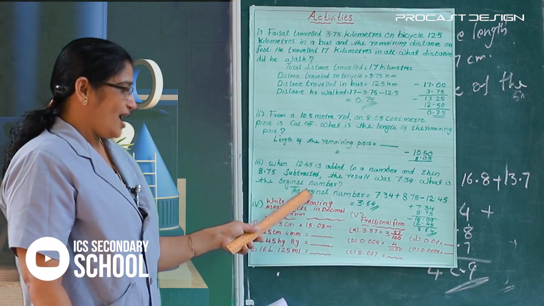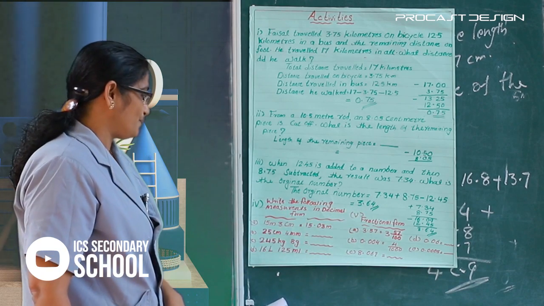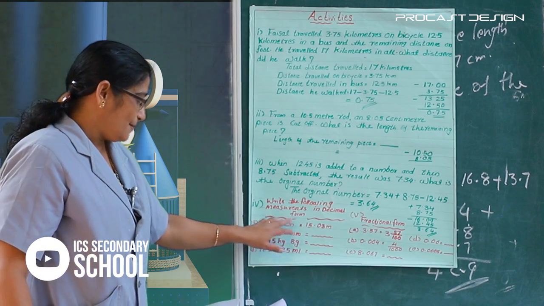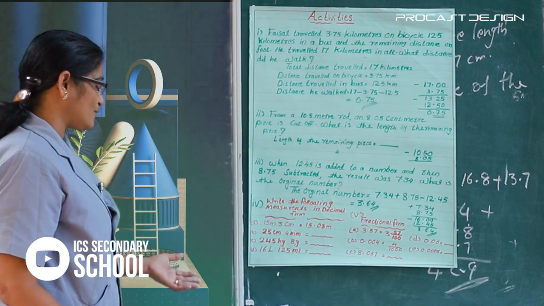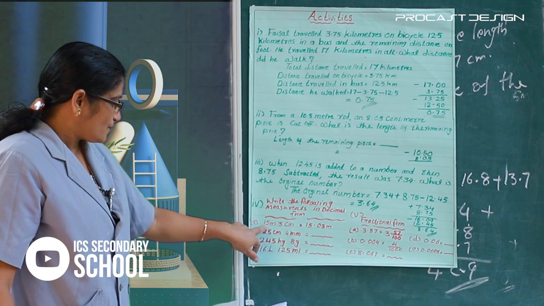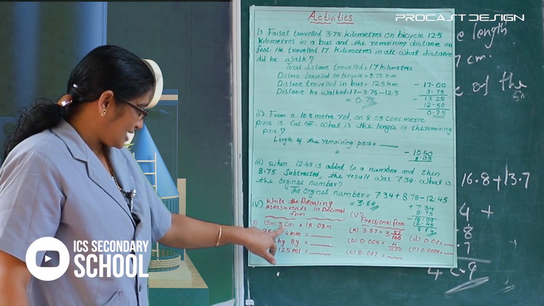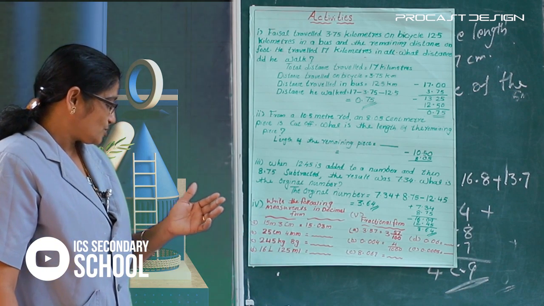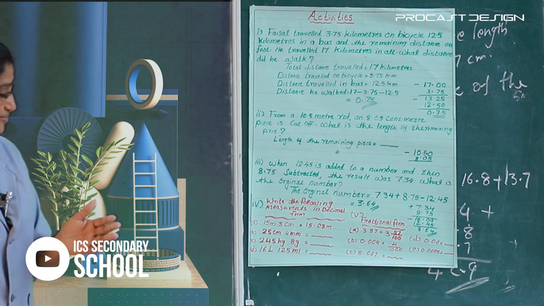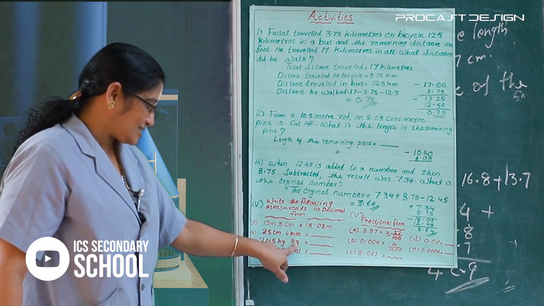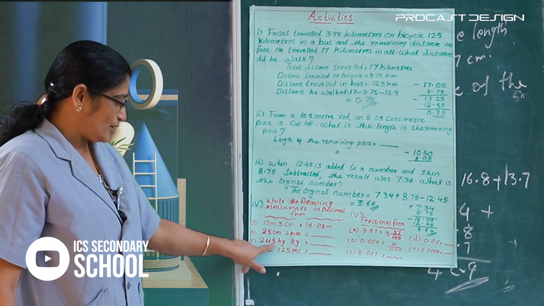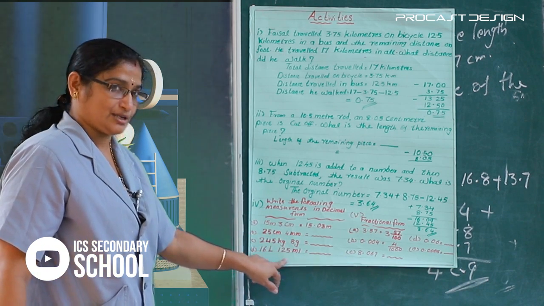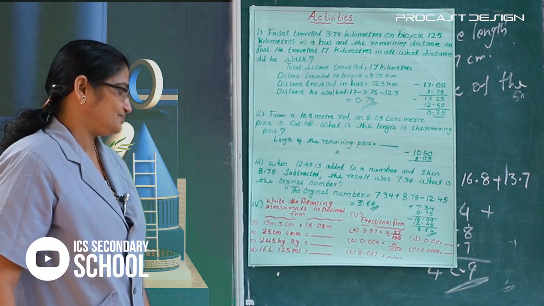Answer 3.64. Write the following measurements in decimal form and fractional form: 50 millimeter and 3 centimeter, 25 centimeter and 4 millimeter, 245 kilogram and 8 gram, 16 liter and 125 milliliter.